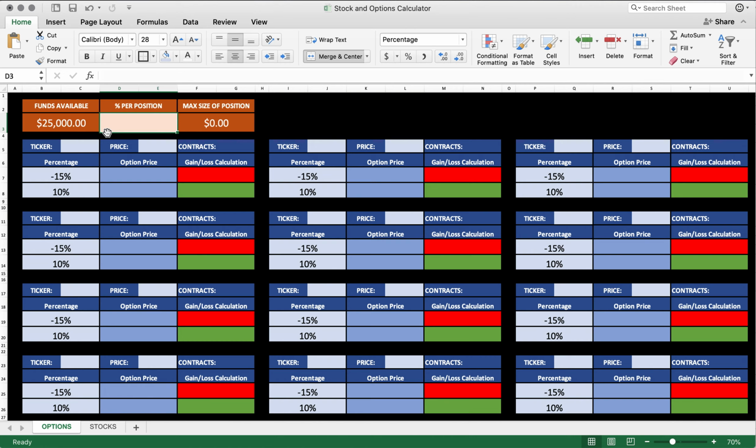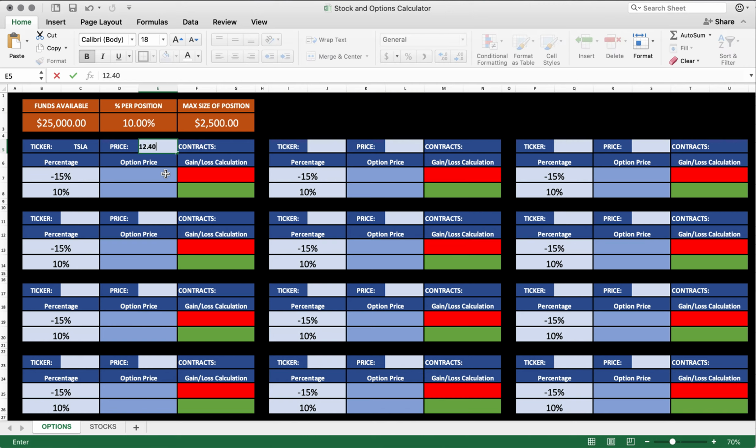The next cell is the percent of your account that you want to use per position. Let's say you just wanted to use 10% of your account per position. That calculates as $2,500, your maximum amount that you'll want to use per position. Again, this is the option side. Let's say we want to trade Tesla, and Tesla is trading at $12.40.